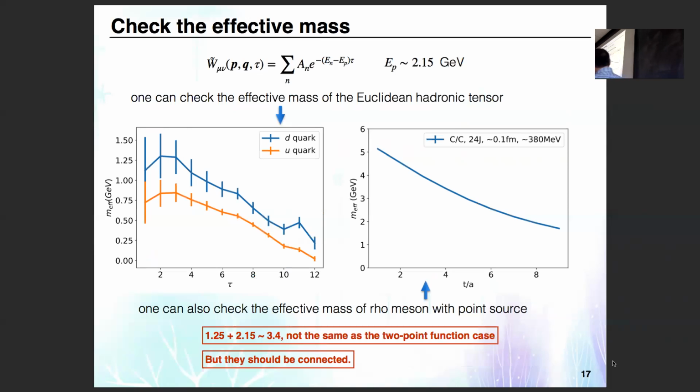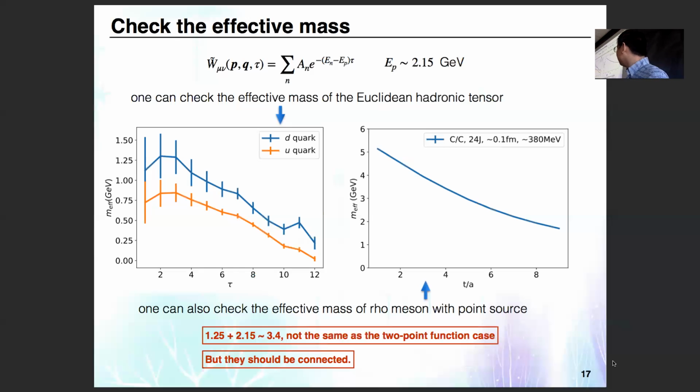So this 3.4 GeV is not that 5 GeV, but we think they should be closely related, because what we have for this 2-point function can give us information about the 3-point function. The reason we cannot reach very high excitations is because of, for example, lattice spacing or volume or time mass.